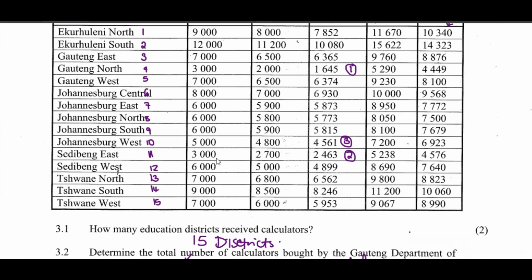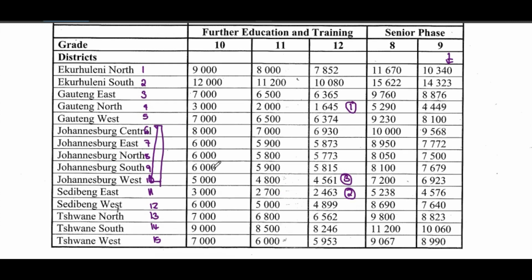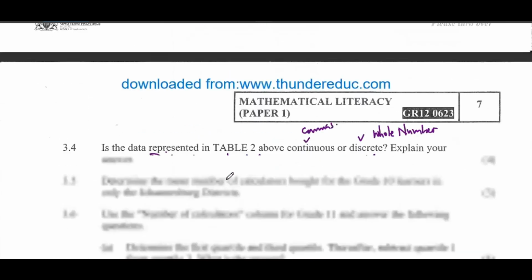So we are looking at this section here, grade 10, wonderful. So we are going to add this plus that, plus that, plus that, plus this. Why am I adding only this? Because they start with Johannesburg.